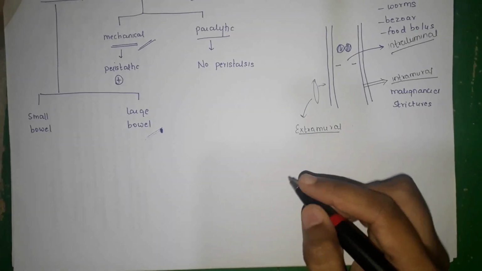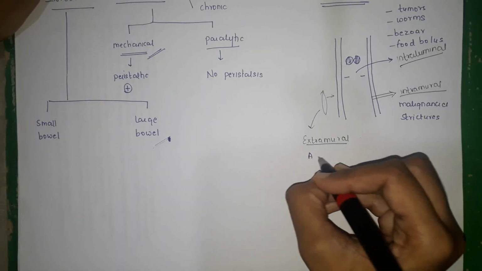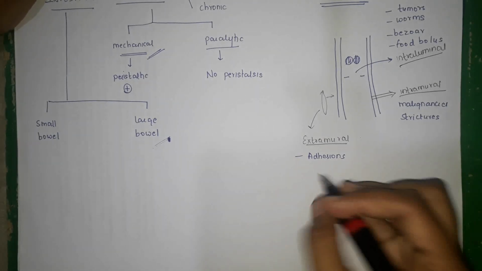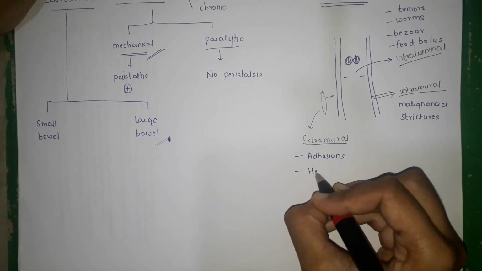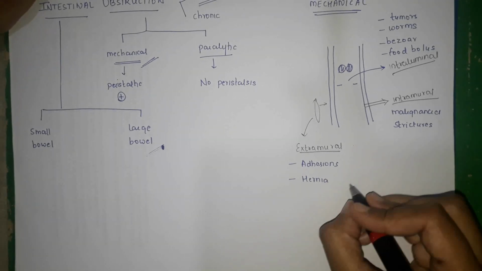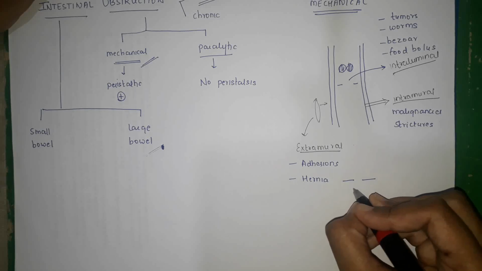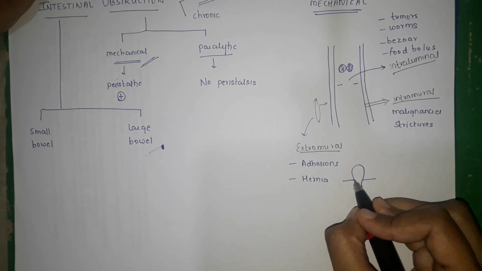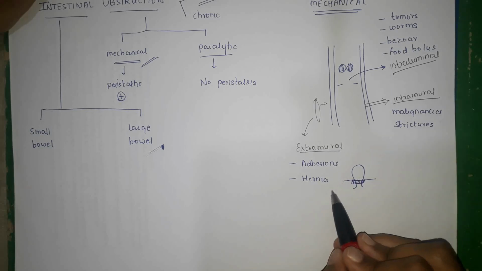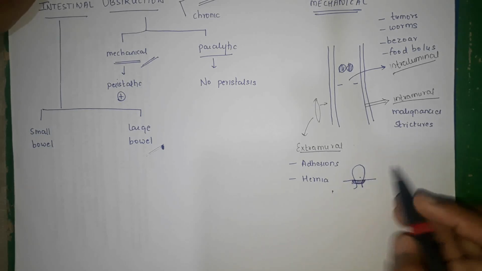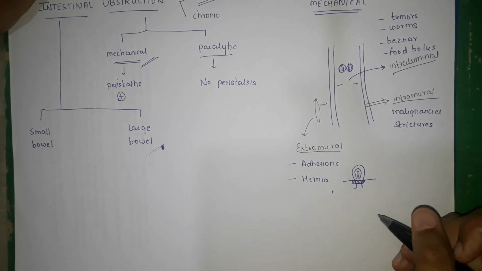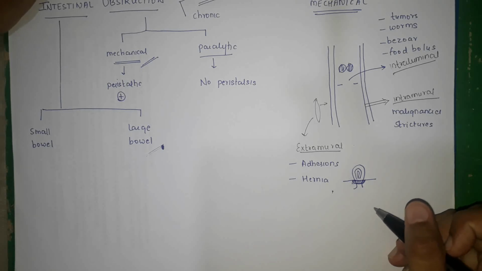And extramural, again common entities. The most common cause is adhesions, which are caused post-operatively. Then hernial orifices, whenever the hernial sacs contain intestines, because of narrowing of the sac at the neck. If this is the hernial sac and this is the region of the neck of the sac, this is the common region where the hernial sac can go for an obstruction, and the intestinal content inside it will get obstructed and mainly go for strangulation.